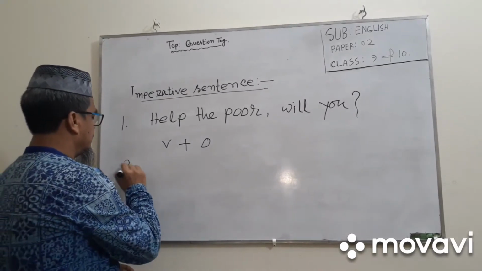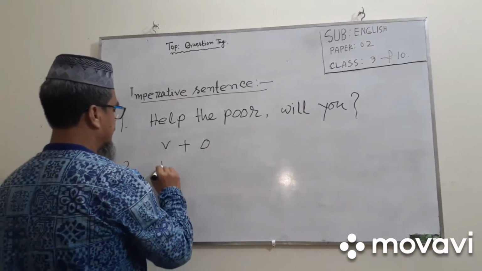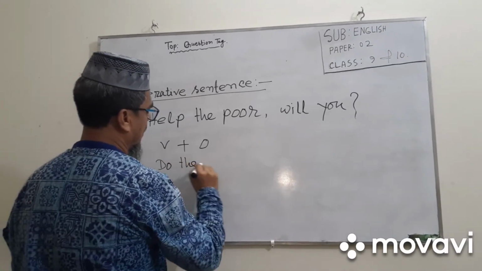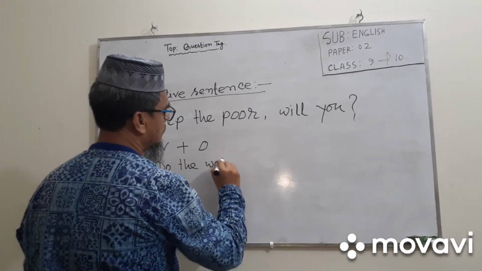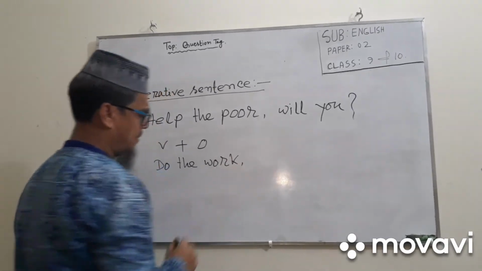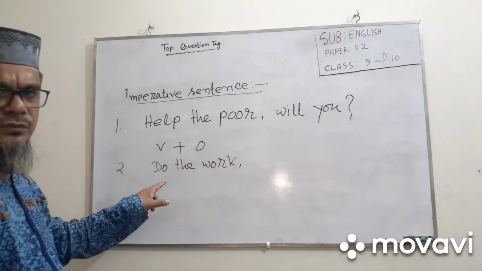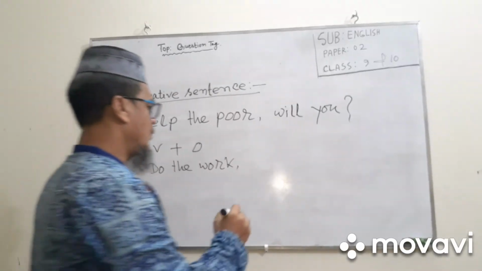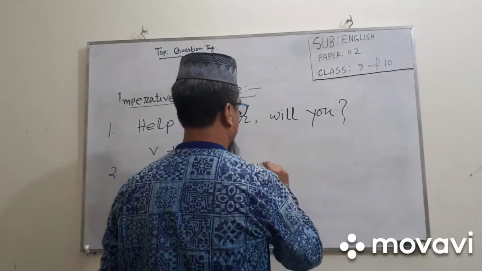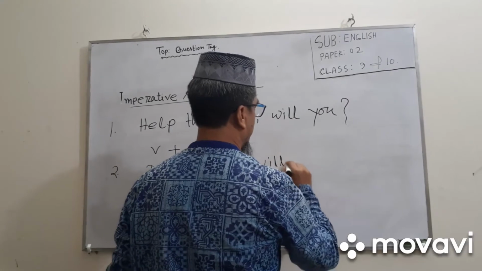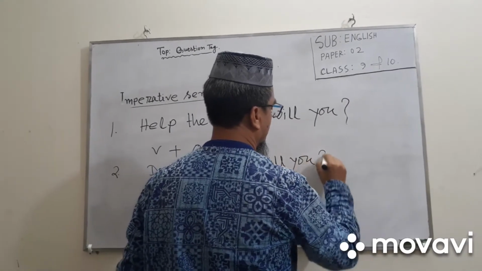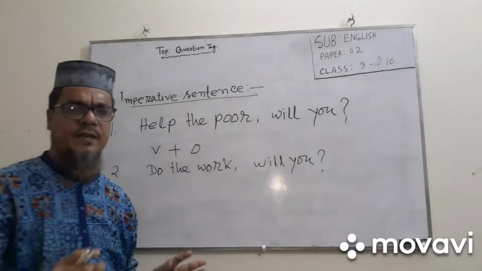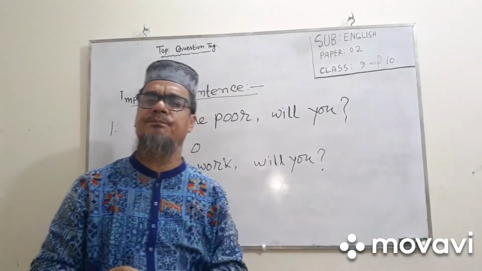Another example, do the work. Here, same structure, that means verb plus object. So, we must use will you. I think that it's very simple for every student.